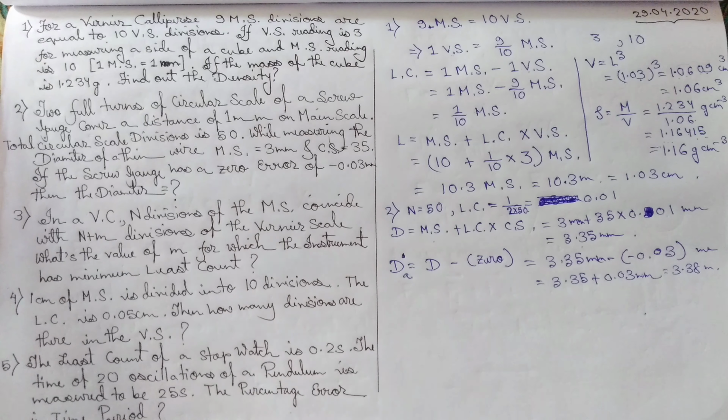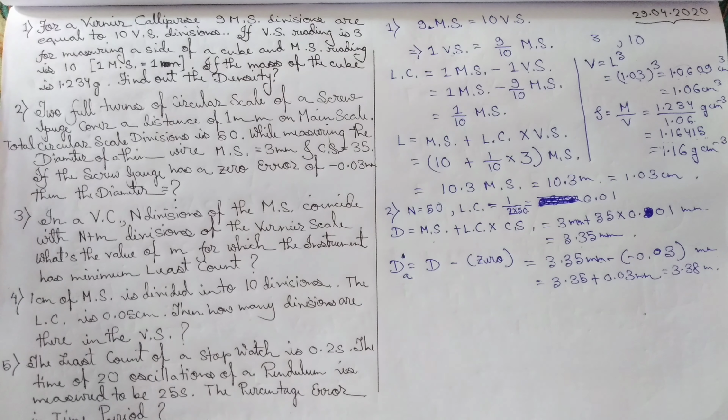So why is it the formula? Zero error means that for an ideal screw gauge, the zeroth position of the circular scale coincides with the zeroth position of the linear scale. But for some defective screw gauges, it may not. It may be possible that the two zero points are not coinciding.